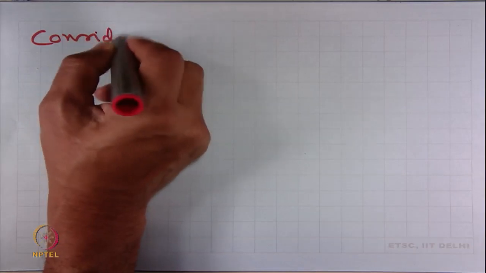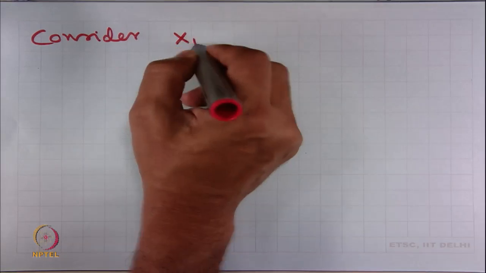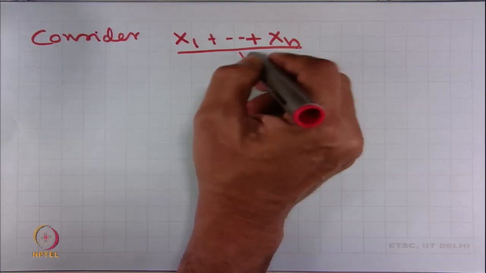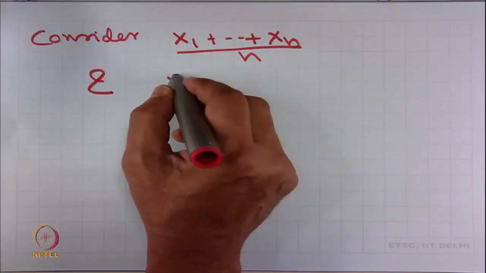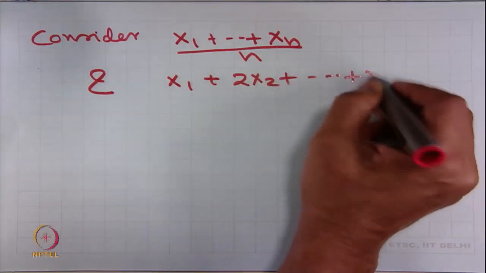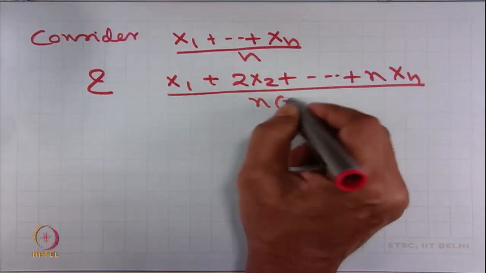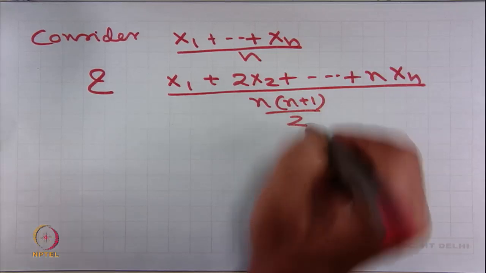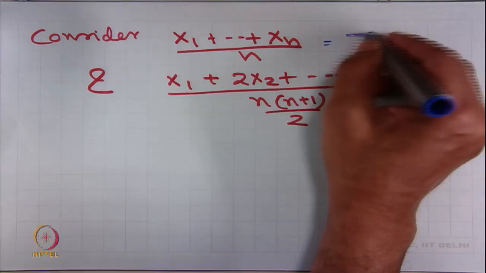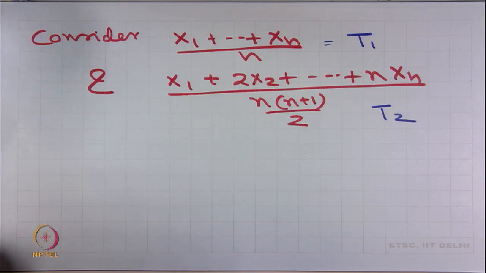Consider (x1 plus x n) by n and (x1 plus 2 x2 plus ... plus n x n) by n into (n plus 1) by 2. Let us call them T1 and T2 respectively.